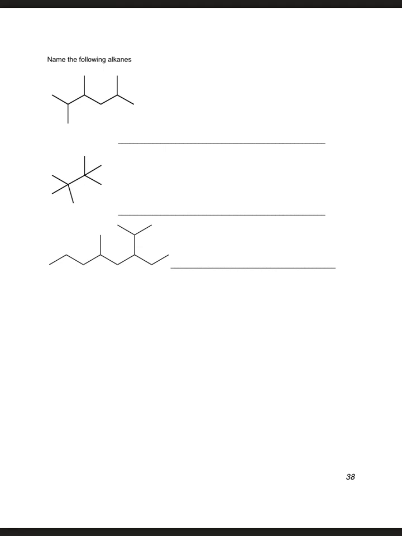So we number these 1, 2, 3, 4, 5, 6. If we go left to right, and if we go the other way, we'll label it in blue: 1, 2, 3, 4, 5, 6. Okay, so if we count the red way, we have these 3 methyls.